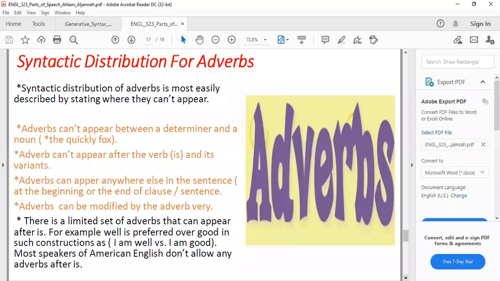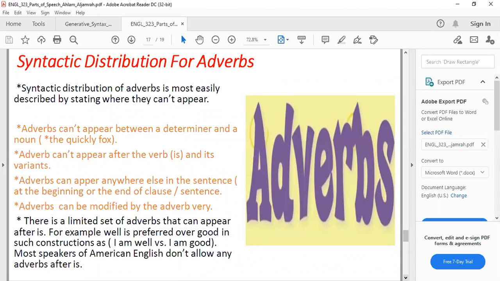May I read? Yes. Syntactic distribution of adverbs is most easily described by stating where they can't appear. Adverbs can't appear between a determiner and a noun, as in the quick talks. Adverbs can't appear after the verb is and its variants.